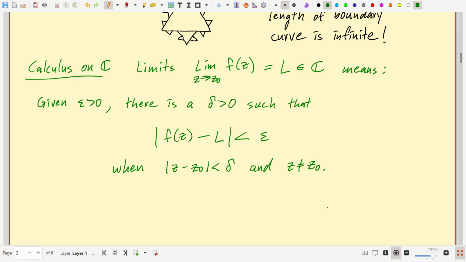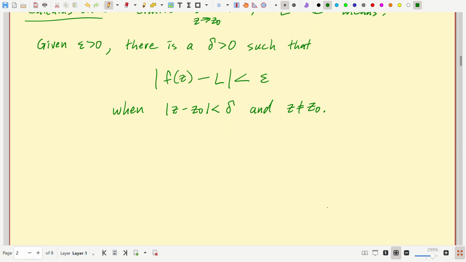But let's see, I guess the picture here is, draw the picture. Here's L. The disk of radius epsilon about L would look like this. And there's this delta thing about z naught.